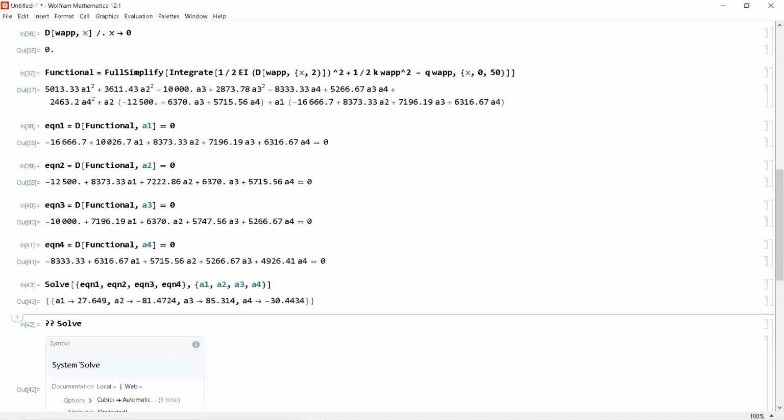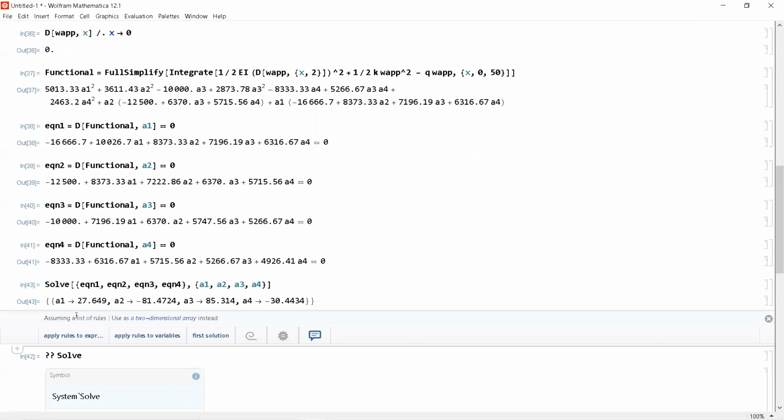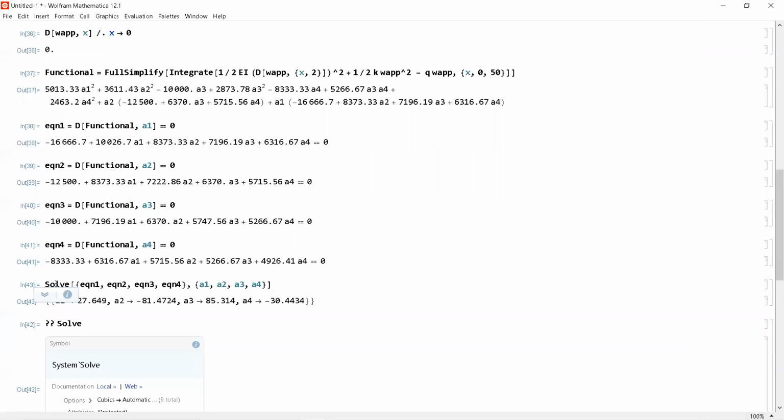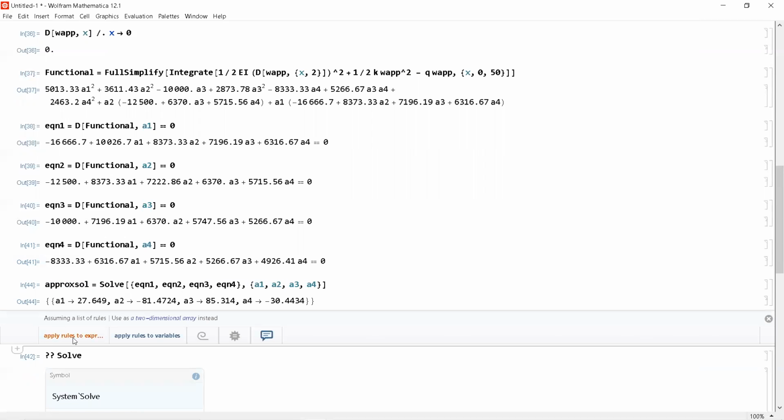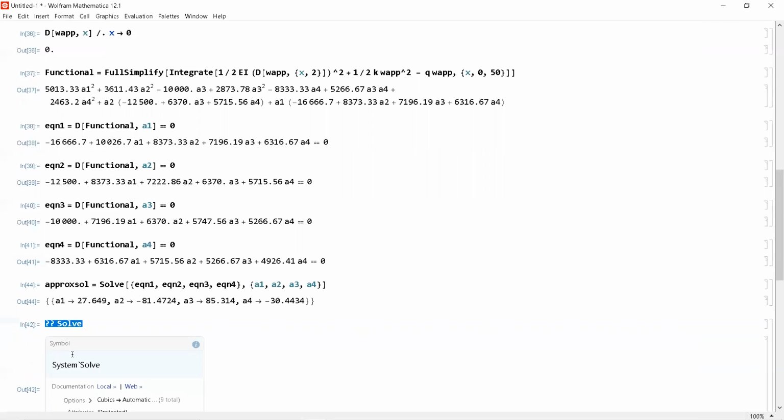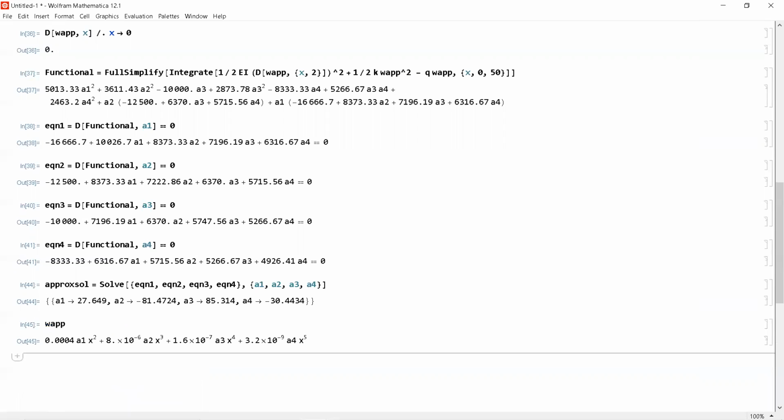Let's try, no guarantees. Oh, I found the solution. Let me call this approx solution, and let me evaluate my approximate solution, W approximate, to be equal to W app. If I look at W app by itself, it's like this.